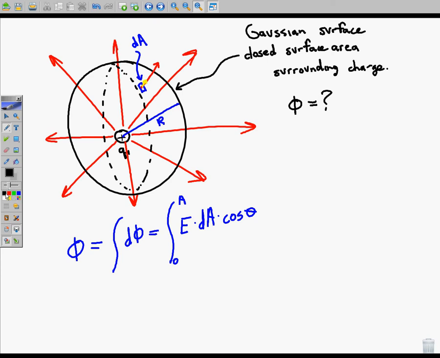What's theta going to be for every single dA on that closed surface? Right. And what's the cosine of 0? 1. So in this particular case, it's just going to be the integral of 0 to a of E dA.